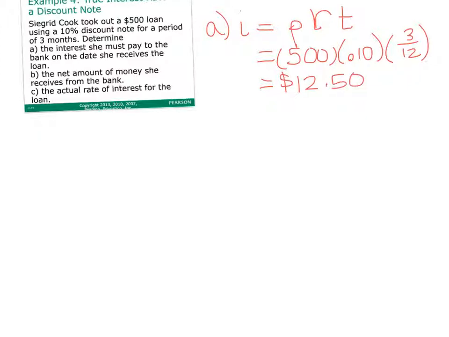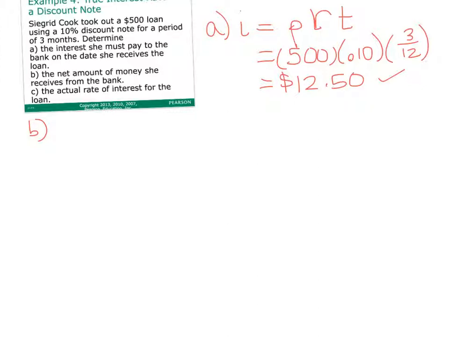Okay, so question A said, determine the interest she must pay to the bank the date she receives the money. She would technically pay them $12.50. Question B, determine the net amount of money she receives from the bank.